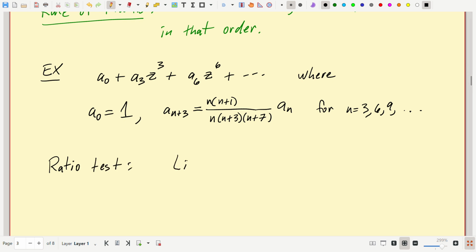I take the limit of a u that's way out there, and I divide by the u that's right before, and I take the limit as the way out there goes out there.